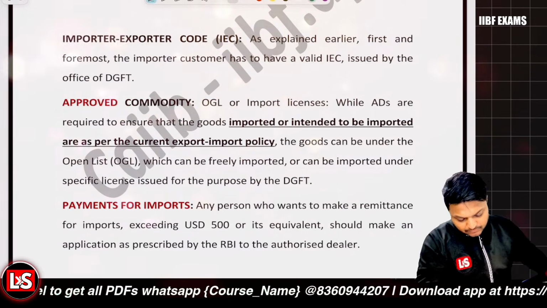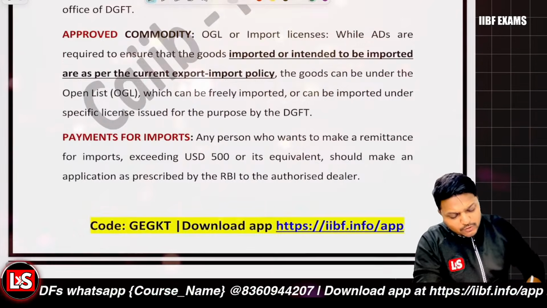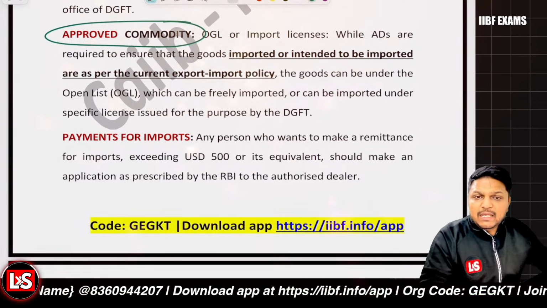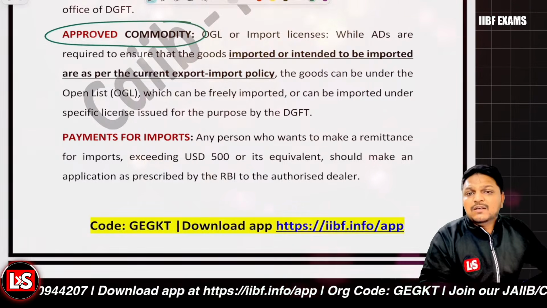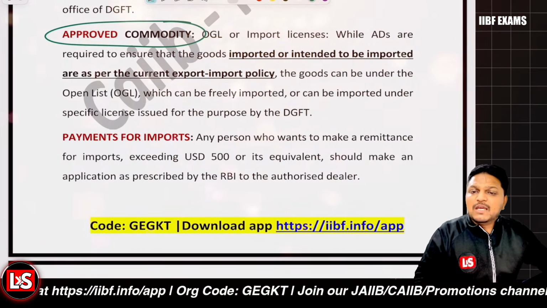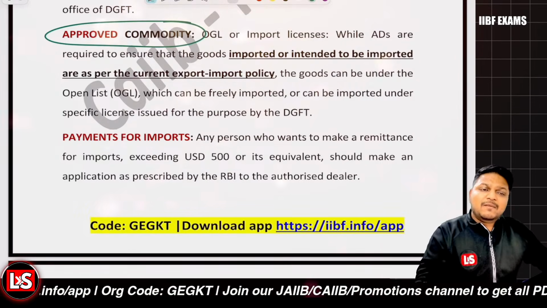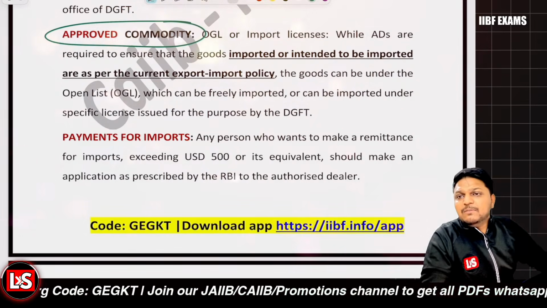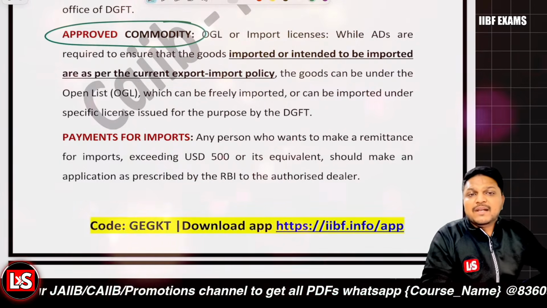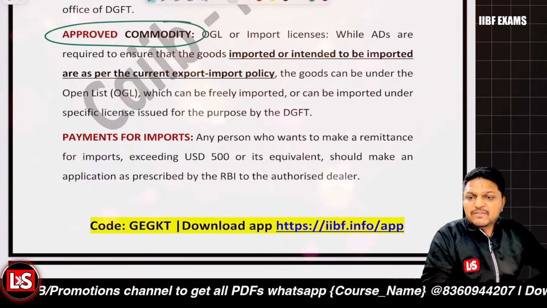And further, if we are talking about the approved commodity, the commodity which we are importing must be an approved one, or we must have the import license for the same, or we must have the open general license.